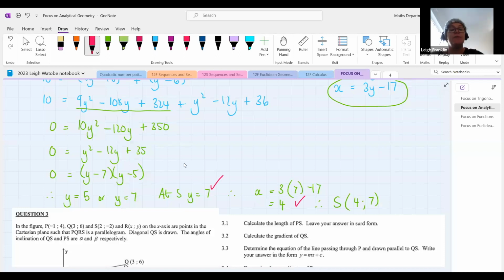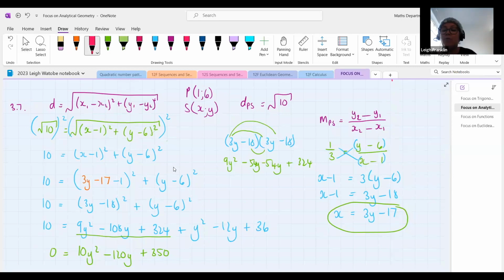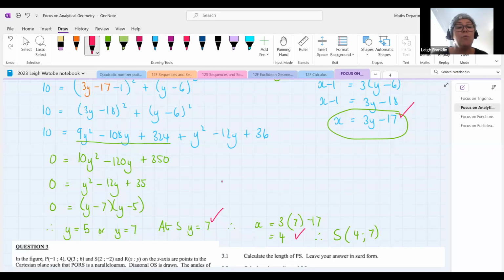Getting the 7, there would have to be a mark for getting this. There would have to be a mark for 1, 2, 1, 2, 3, 4. Maybe standard form over here.